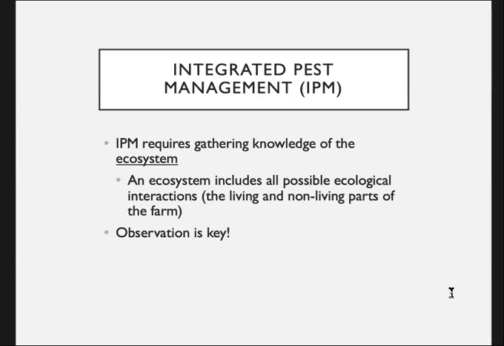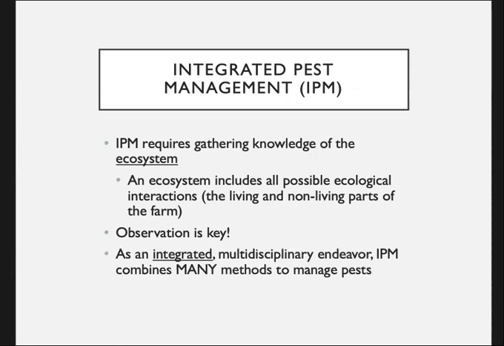And then lastly, as the name suggests, this is a method of pest management that integrates many different methods. It acknowledges that there's not just one universal fix to get rid of a pest problem. You usually have to use multiple different methods at the same time to strive for long-term pest management. So it's not a quick fix sort of situation.